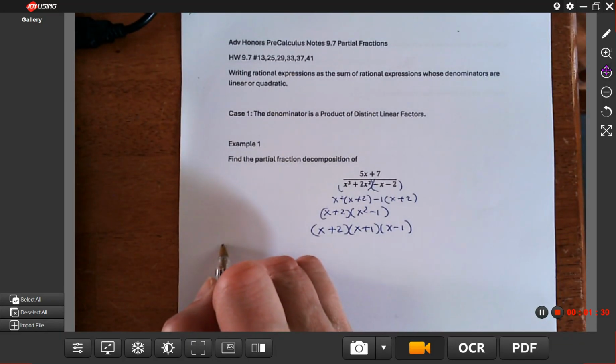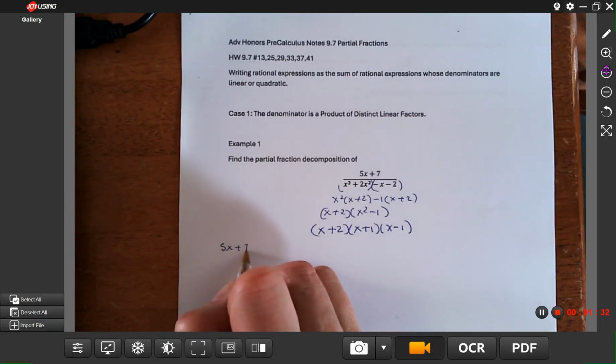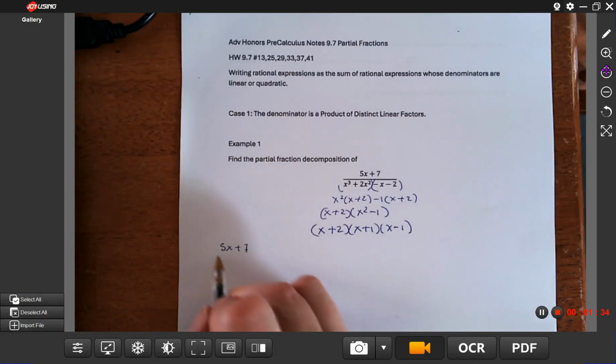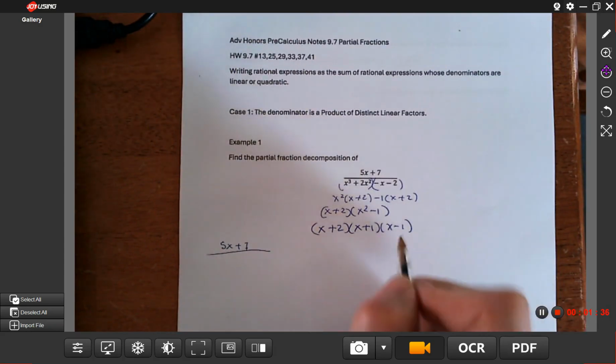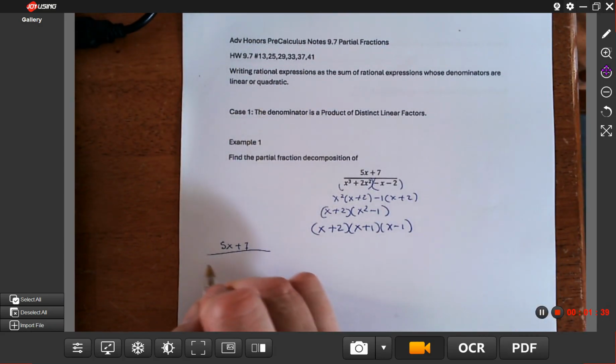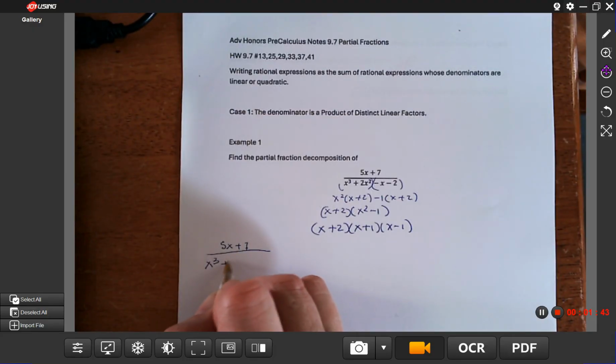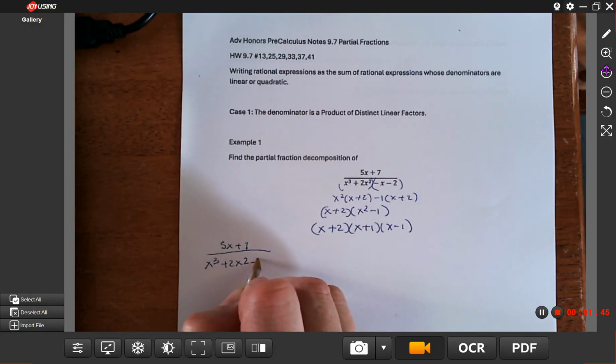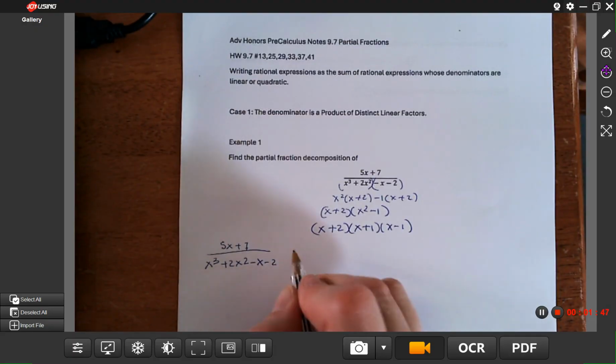So now we have 5x plus 7 over these factors. I'll write it as it was originally though: x to the third plus 2x squared minus x minus 2.